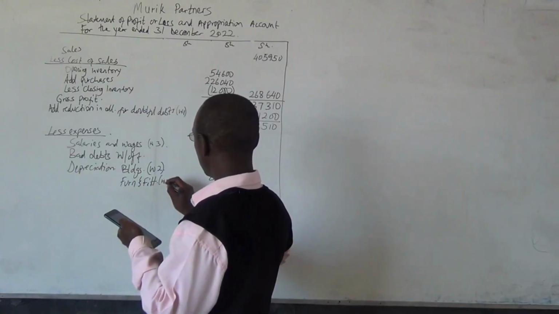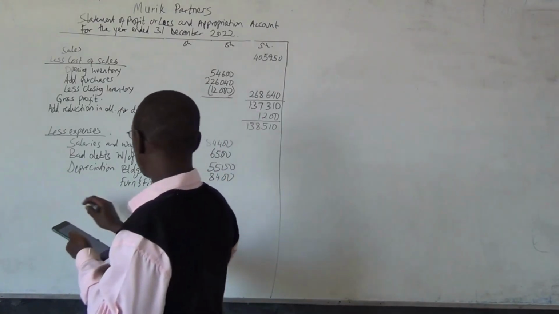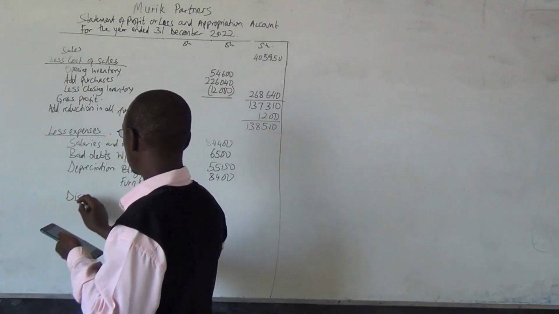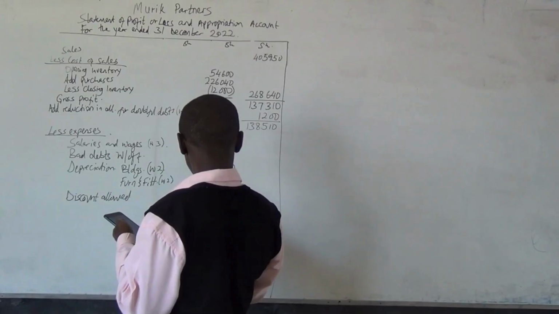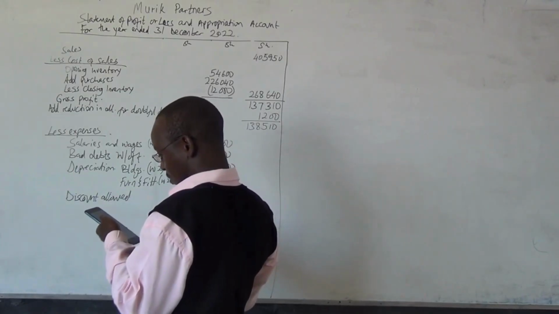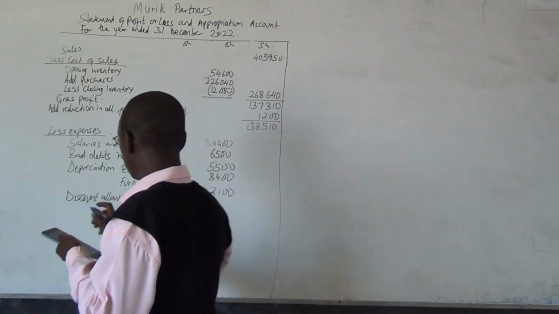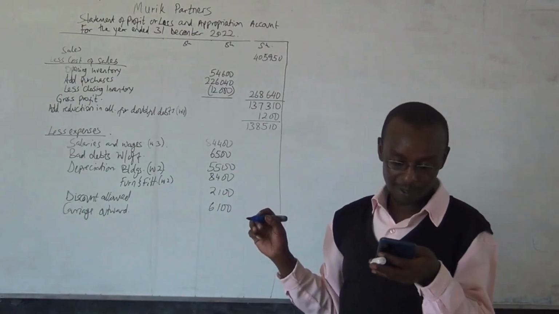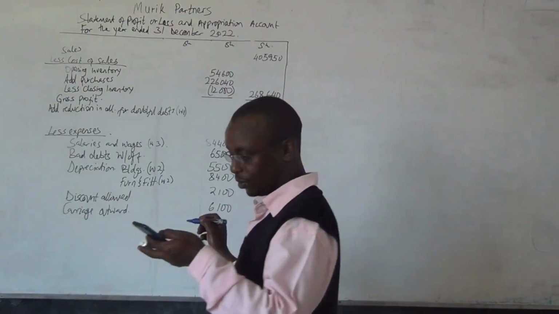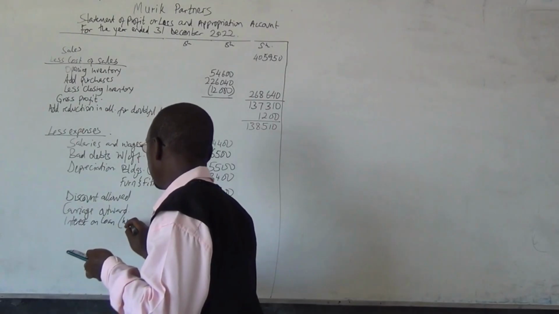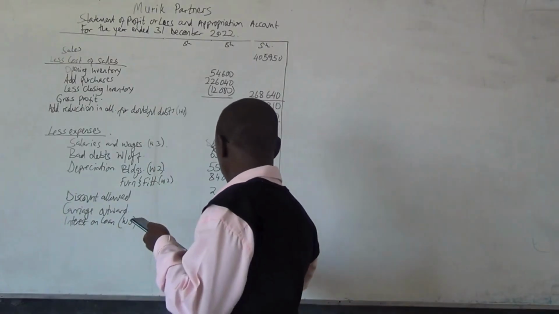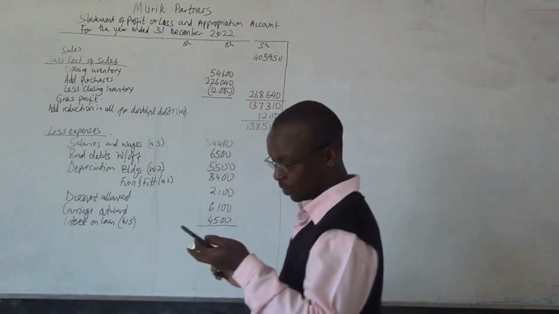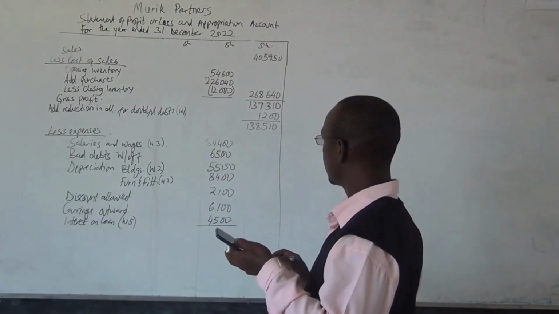We worked it together here in working 2. We have discount allowed, 2,100. There is carriage outward, 6,100. We have interest on loan, 4,500. There's no other expense, isn't it?